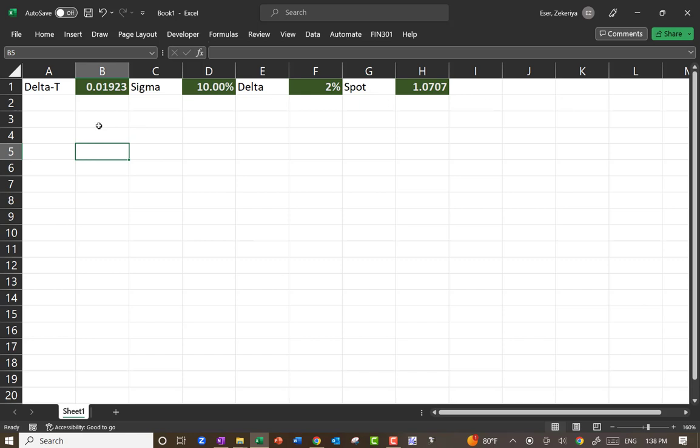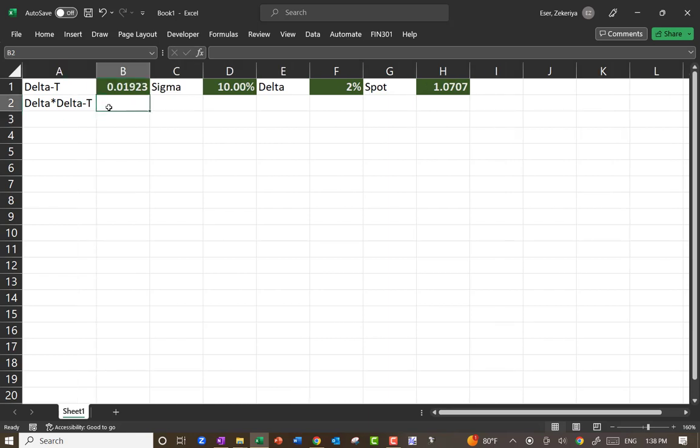So let me calculate delta times delta t, and sigma root delta t, sigma times square root of delta t.